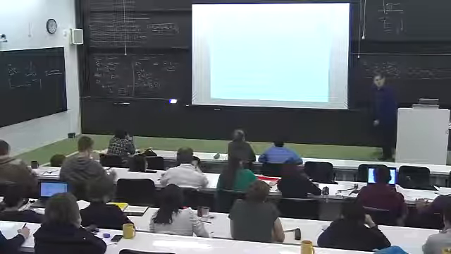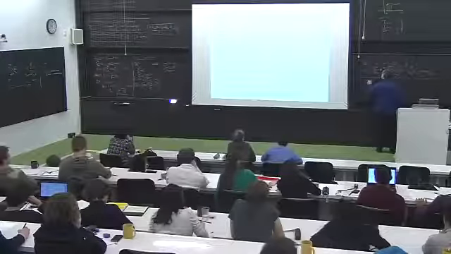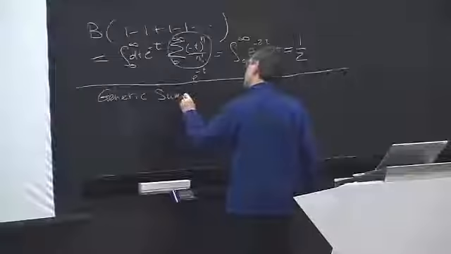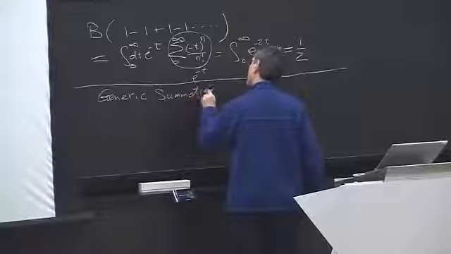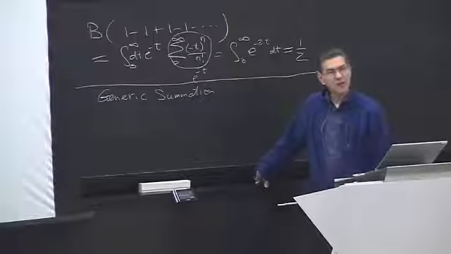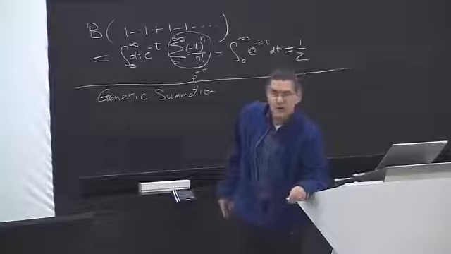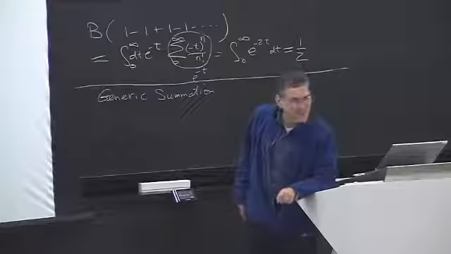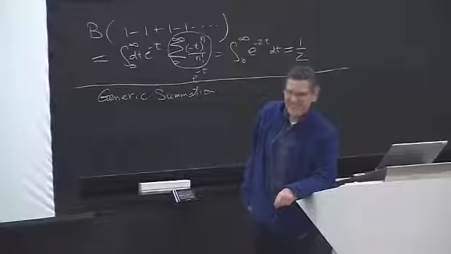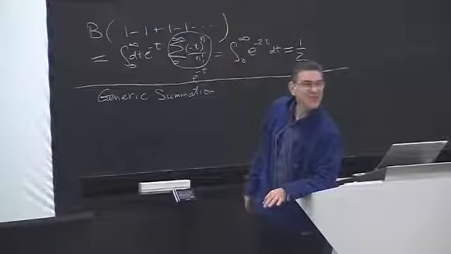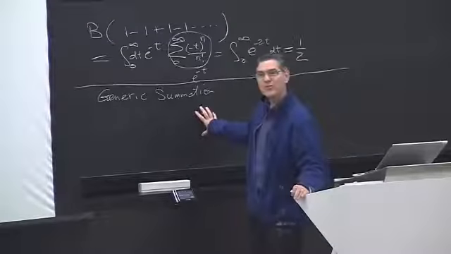So let's try to make up a generic summation machine. And to make sure that it's generic, I'm not going to tell you what it is. Okay? It's a secret. It's just some random procedure.